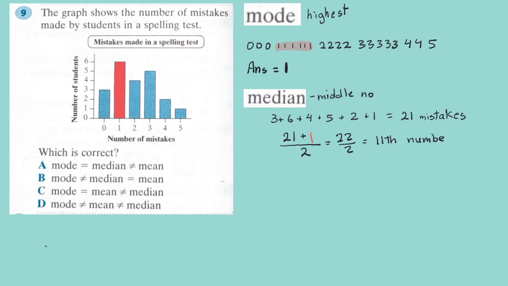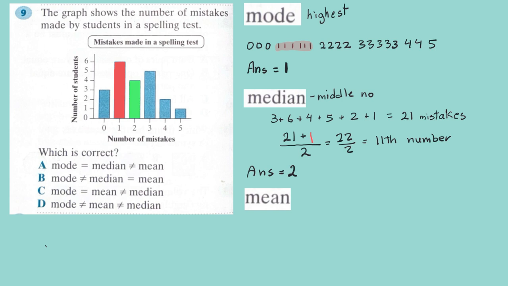Now we can count up the 11th number: 1, 2, 3, 4, 5, 6, 7, 8, 9, 10, 11. So the 11th number is 2, and that means that the median is 2. And that's the column in green.